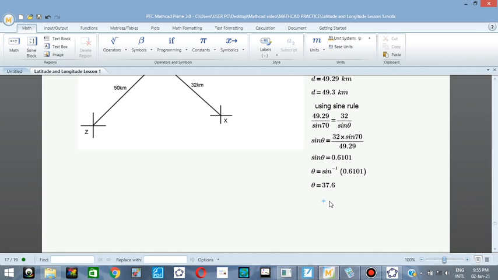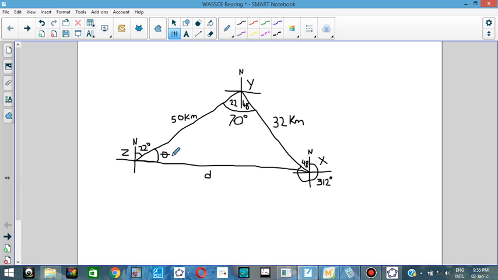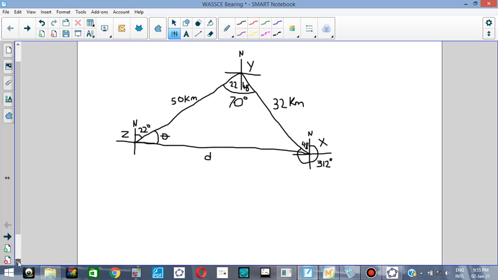So let's add this. If I add 37.6 to 22, what do I get? I got 59.6. So that means it's less than 90. You get what I'm saying? So 59.6 is that. Let me get a sketch to demonstrate it here again.